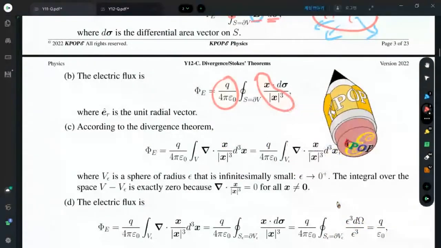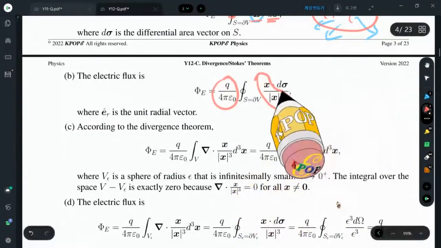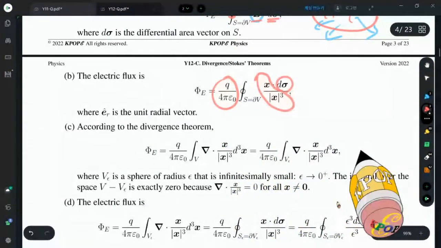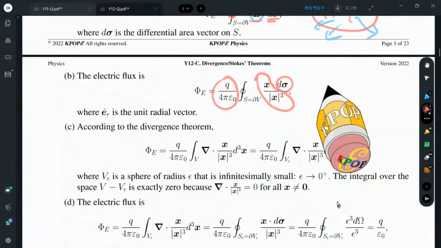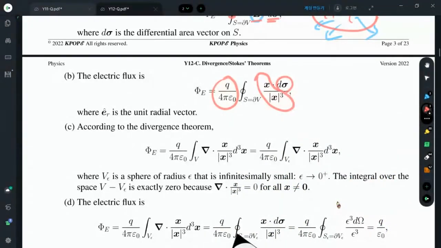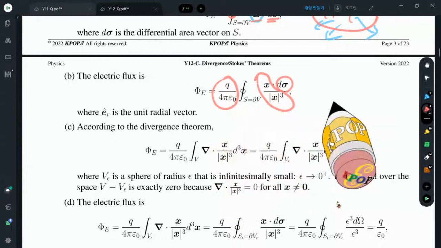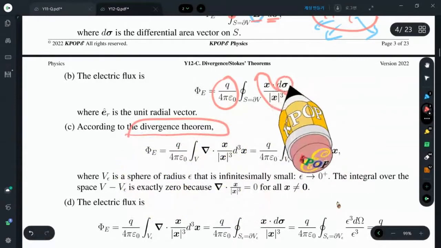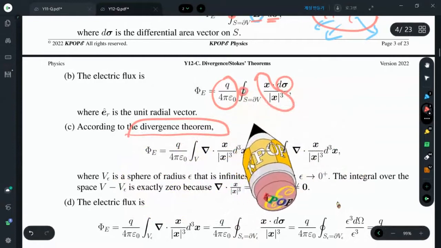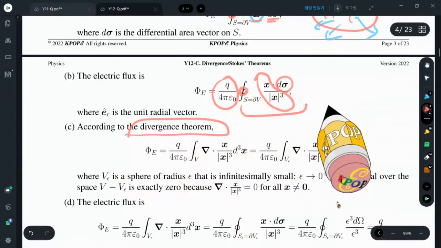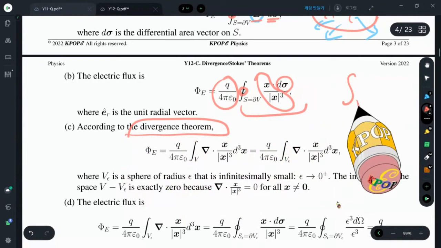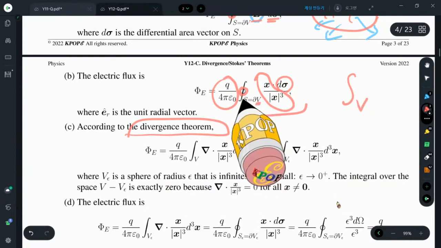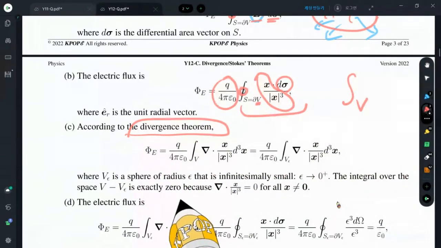This scalar product, what's the area? We know the area later. We evaluate this, but just remember this divergence theorem. The closed surface integral should be expressed in terms of the volume integral inside this closed surface.